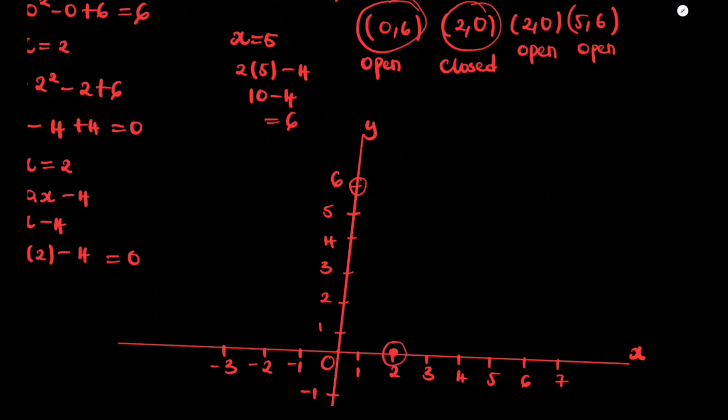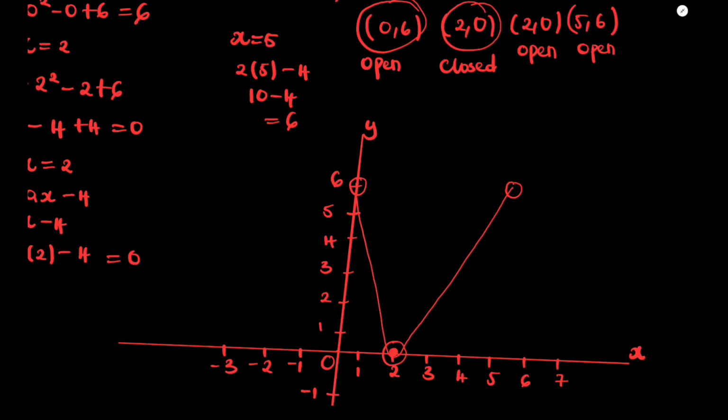The fourth coordinate, we have x is 5 and y is 6. It's going to be around here, and it is open, so we are just going to have an open circle like this. Okay, so we are going to link the points. We'll have something like this.